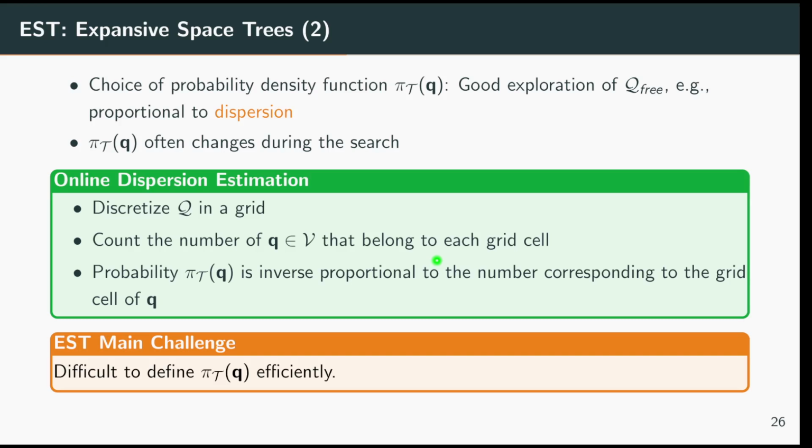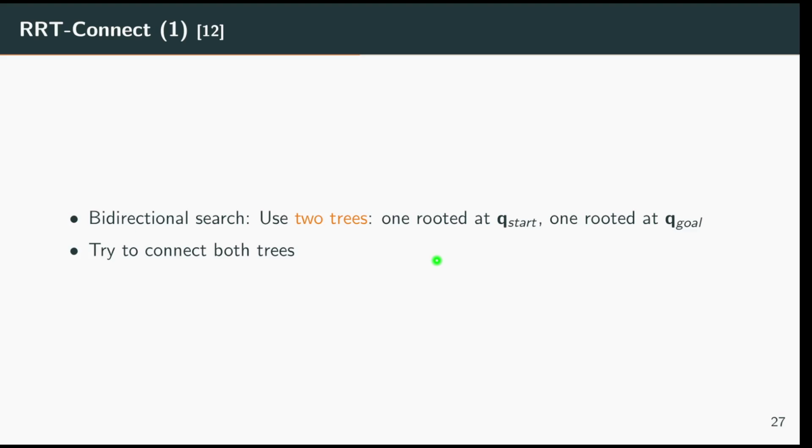Okay, so that's EST. I think in practice it sometimes actually looks better than RRT if you manage to define this function very well, and that is very context dependent.